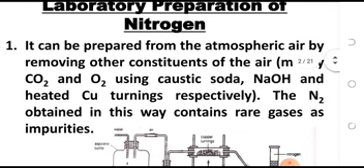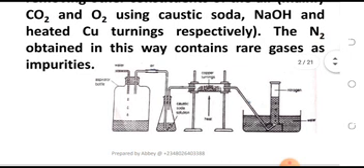So in the diagram there, the air will pass through the aspirator bottle that originally contains air. When you run water in to push the air forward, the air passes into caustic soda, which is sodium hydroxide, to remove the carbon dioxide there. Then oxygen that is also present in the air will be removed as it enters the copper turnings.